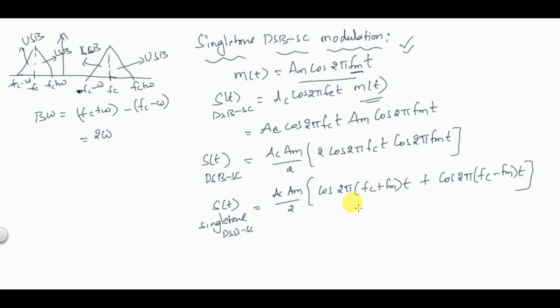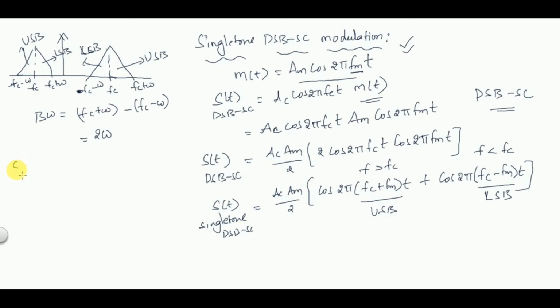This is the standard single tone DSBSC time domain equation. The first term represents USB. All frequencies greater than fc represent USB and all frequencies less than fc represent the LSB term. Both sidebands are present, so it is called double sideband suppressed carrier.